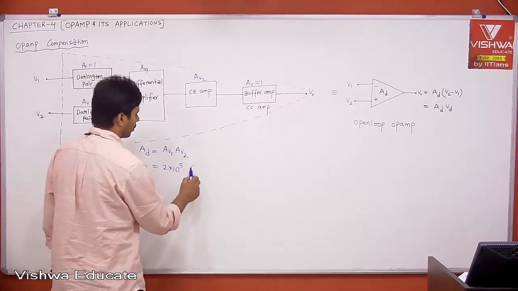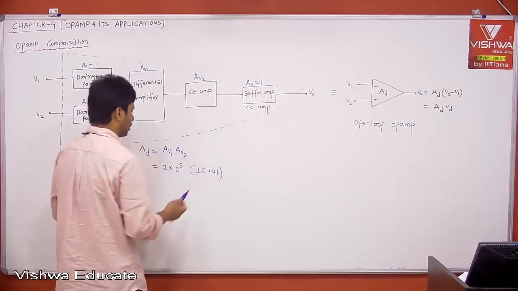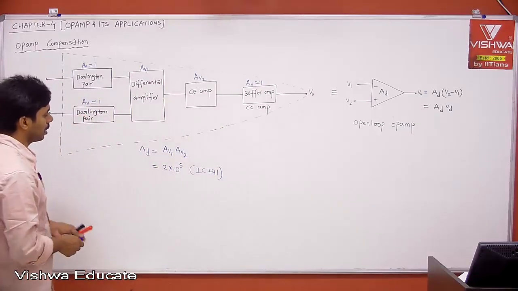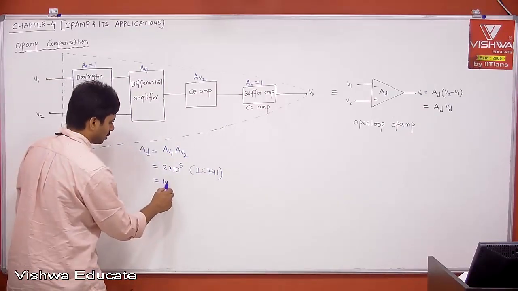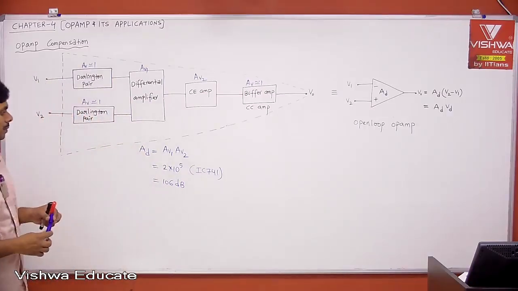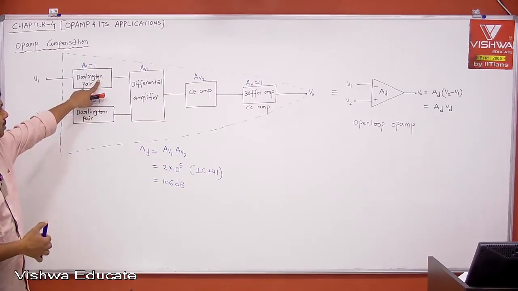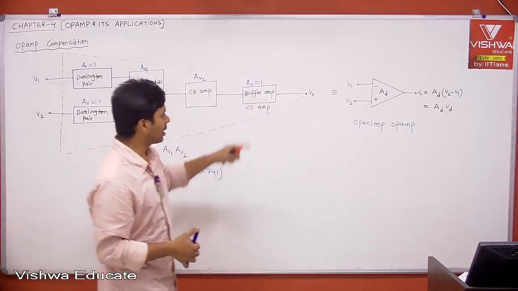This is for IC 741 op-amp, which is basically 106 dB. Considering the gain by Darlington pair 1, the gain by buffer amplifier 1.